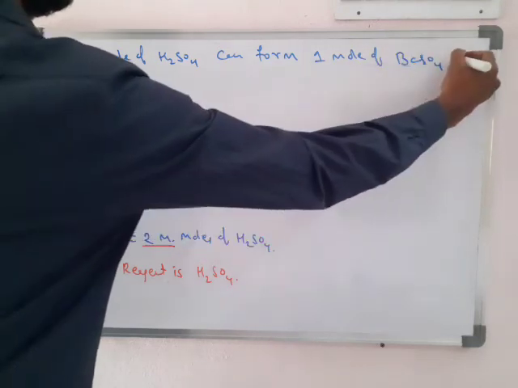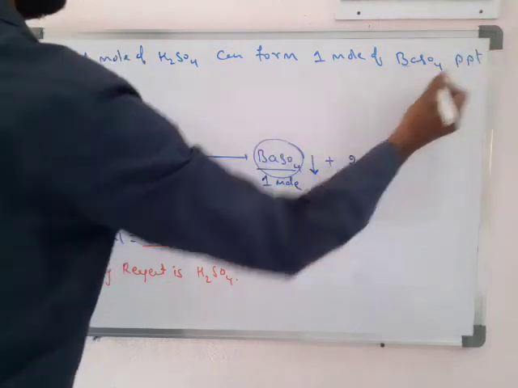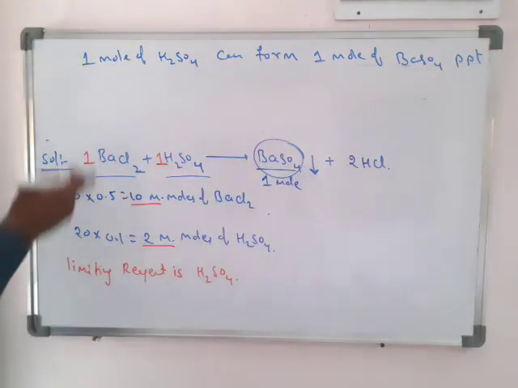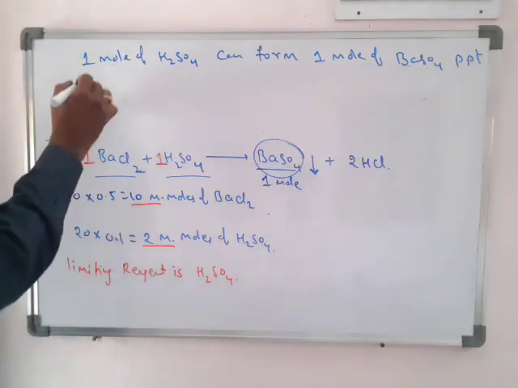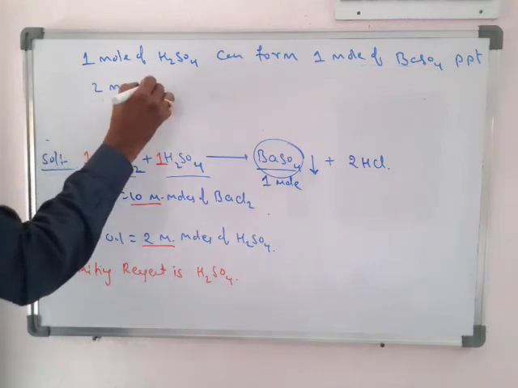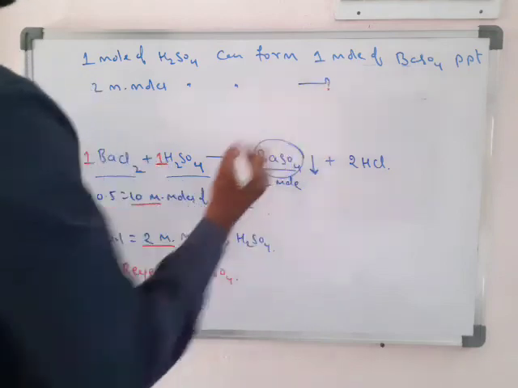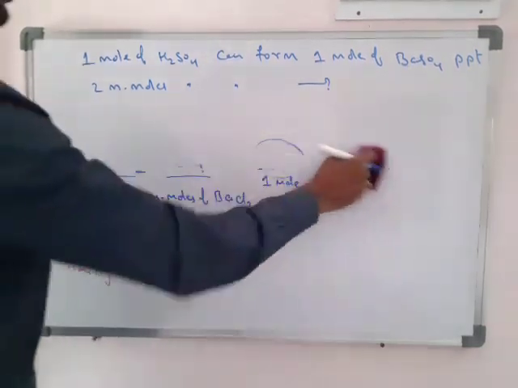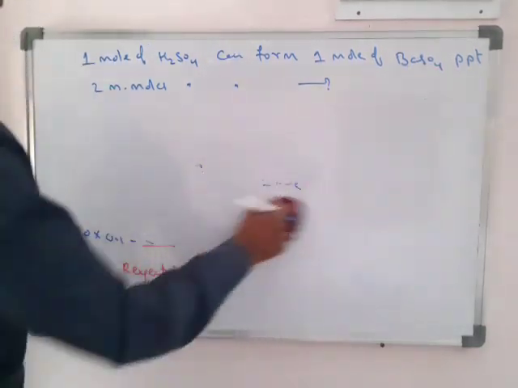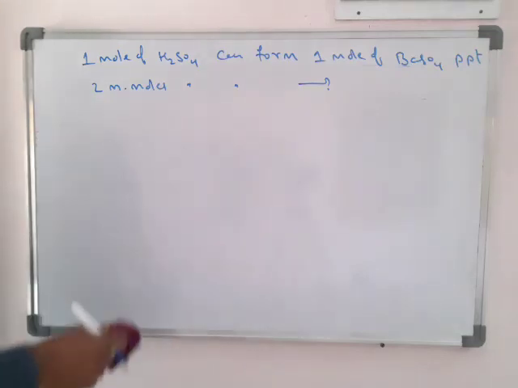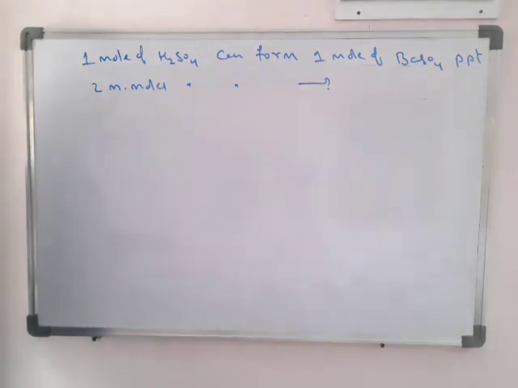Precipitation we generally write as the shortcut PPT. So here it is in terms of 1:1 ratio. So 2 millimoles of H2SO4 also forms how much? Very simple, 1:1 ratio means 2 millimoles also produce 2 millimoles.